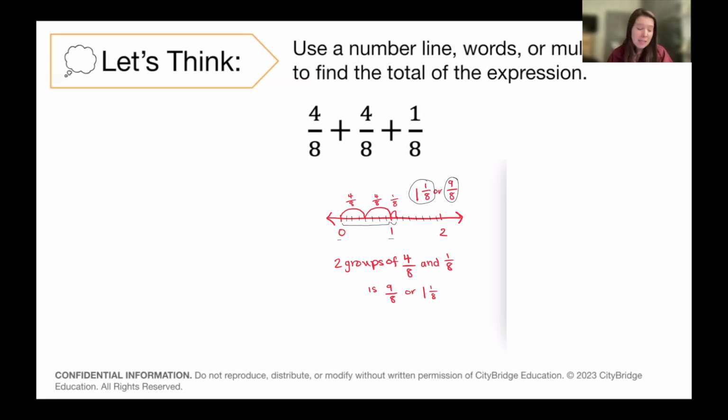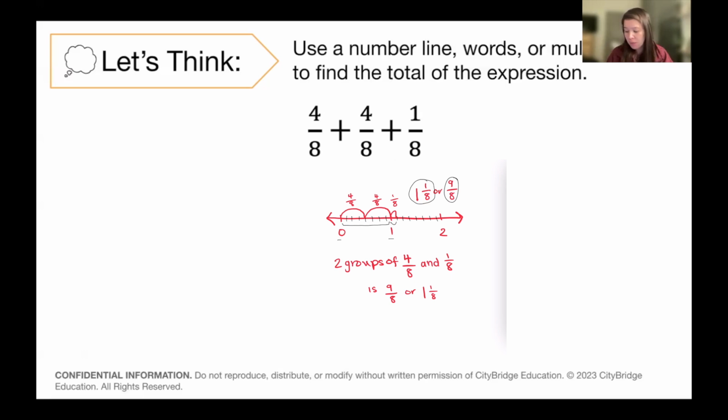Now, finally, since we don't just have equal groups like 1/8 and 1/8 and 1/8 and 1/8 here, like we did in our previous problem, we need to write our multiplication expression just a little bit differently. We can show 2 groups of 4/8 using multiplication, and then we need to add 1/8 to that amount. We can write that using our parentheses.